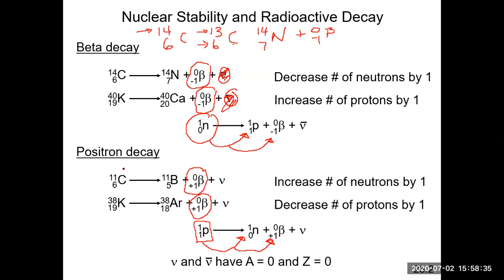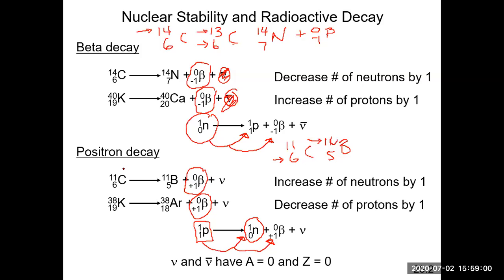And the same thing happens again if we just follow the numbers. As this process occurs, we're going to lose a proton here, which means we would go to this, right? Which now would take us back to 5. But as we lose a proton, we then gain a neutron, which would be added back to here.